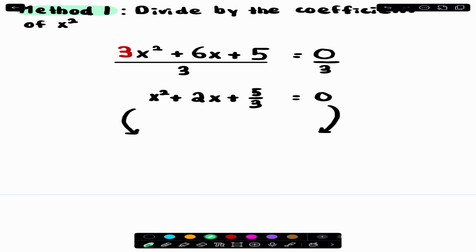We are in familiar territory because we are going to add to both sides a very important number. Take the coefficient of the linear term, which is 2, halve it, and then square it. You're going to do this to both sides just to keep everything balanced.